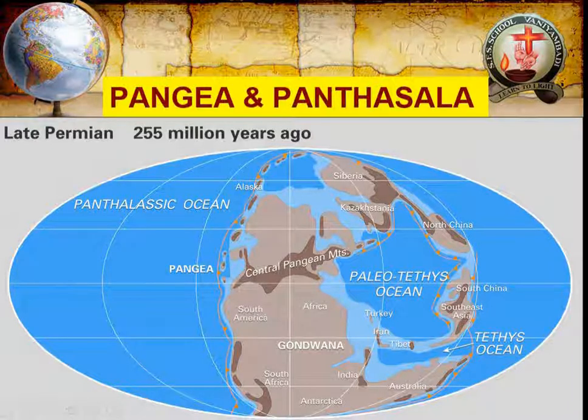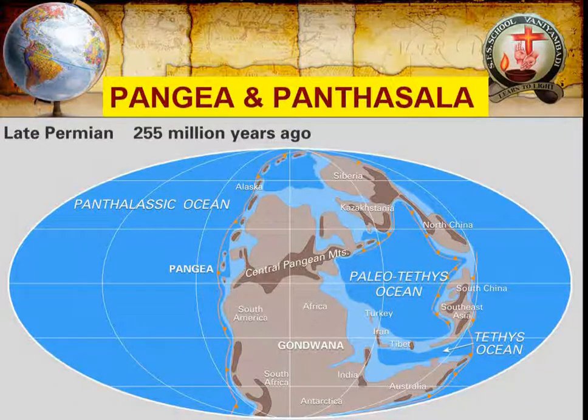This ocean is called Pantasala. Are you clear? That is the meaning of Pangaea and Pantasala. Pangaea is the land mass area of our Earth, and Pantasala is the ocean which covers the entire Pangaea.